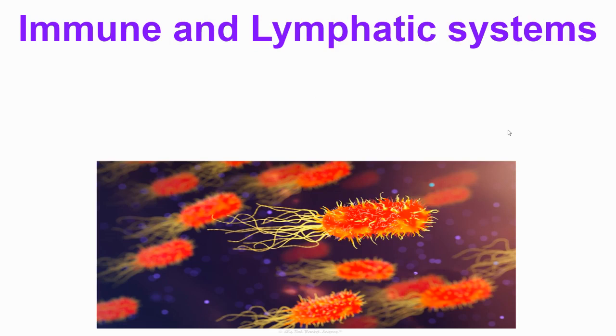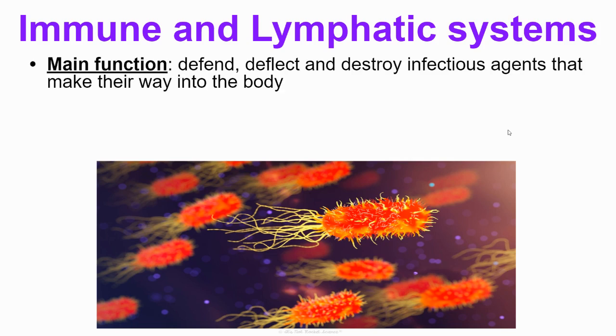Okay, so the lymphatic system's kind of a wacky one, and we do include the immune system in there. But one thing just to keep in mind, your immune system is pretty closely related with your endocrine system, and your lymphatic system is really closely related to your cardiovascular system. But it's got a huge job. It interacts with everything.